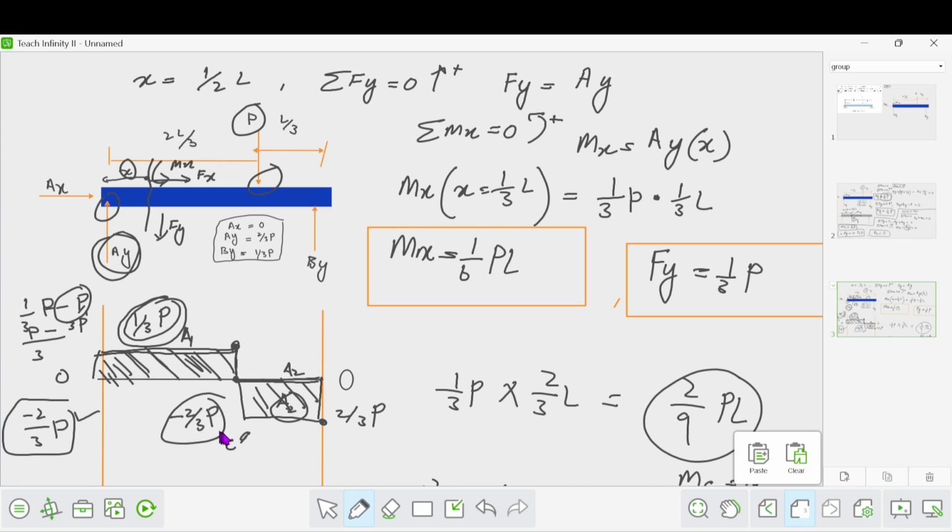After that, in the middle there is no loading, so there will be a horizontal line. So this is negative and this is going up. You can see here this is going up, so negative 2 divided by 3P plus positive 2 divided by 3P will cancel out, it will be 0. In that way you can find the bending moment diagram and shear force diagram.